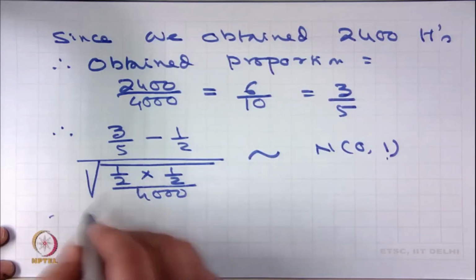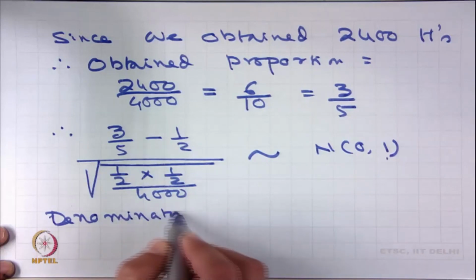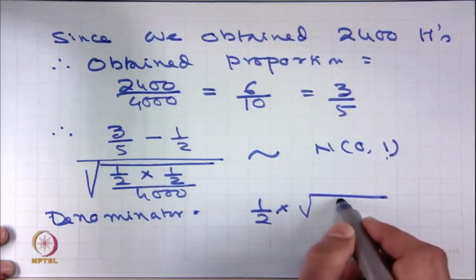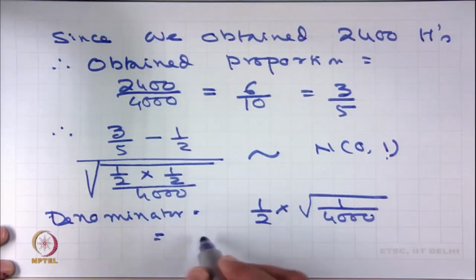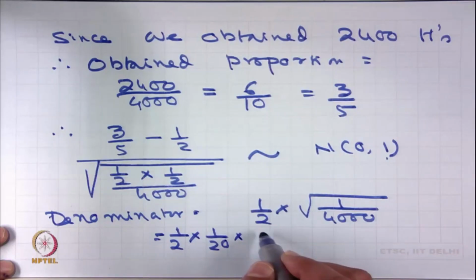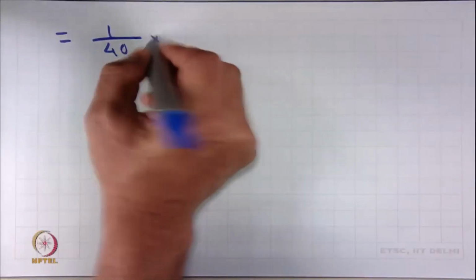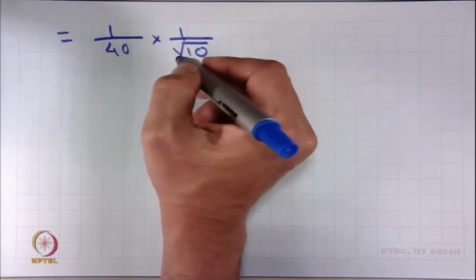Now, this denominator is half into root over 1 upon 4000, which is half into 1 by 20 into 1 upon root 10, which is 1 upon 40 into 1 upon root 10.